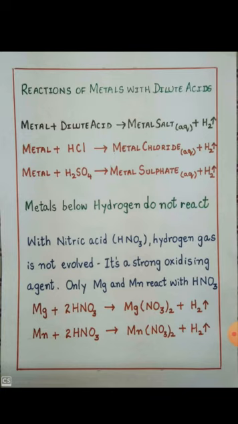Mg(NO3)2 is known as magnesium nitrate. In a similar way, even manganese reacts with nitric acid to form manganese nitrate and hydrogen gas. Mn plus HNO3, we will have Mn(NO3)2 plus H2.